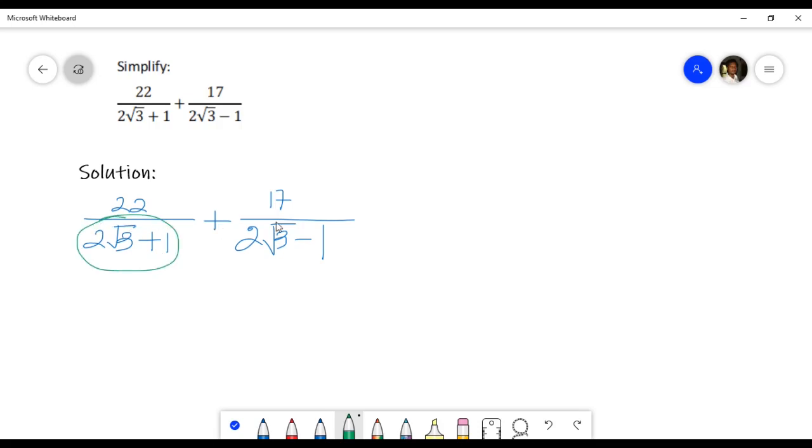And the denominators here, you can see that this is in the form of... what we have to do is find the LCM of these denominators. Now these are two unlike sets of terms. So the LCM of these two denominators will be 2 root 3 plus 1 into 2 root 3 minus 1.